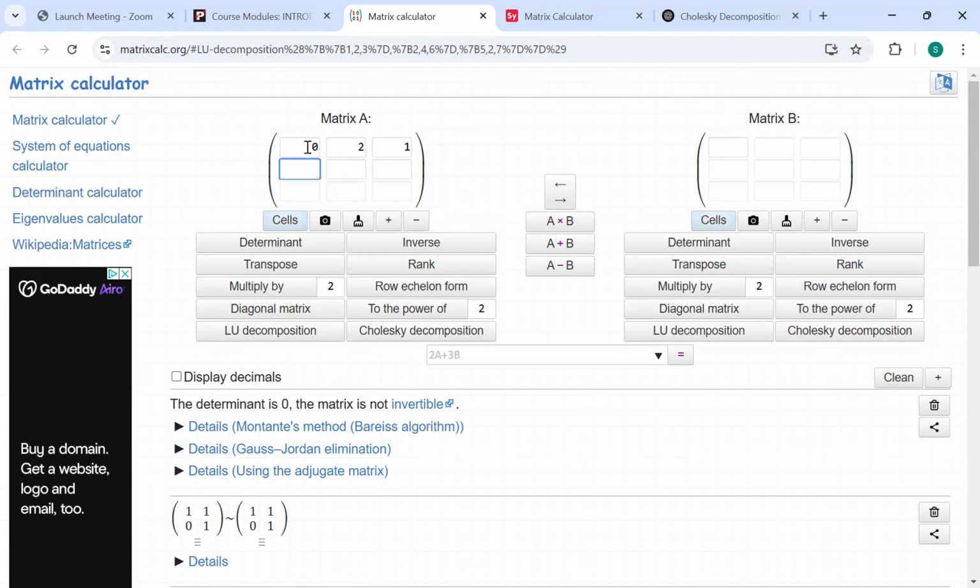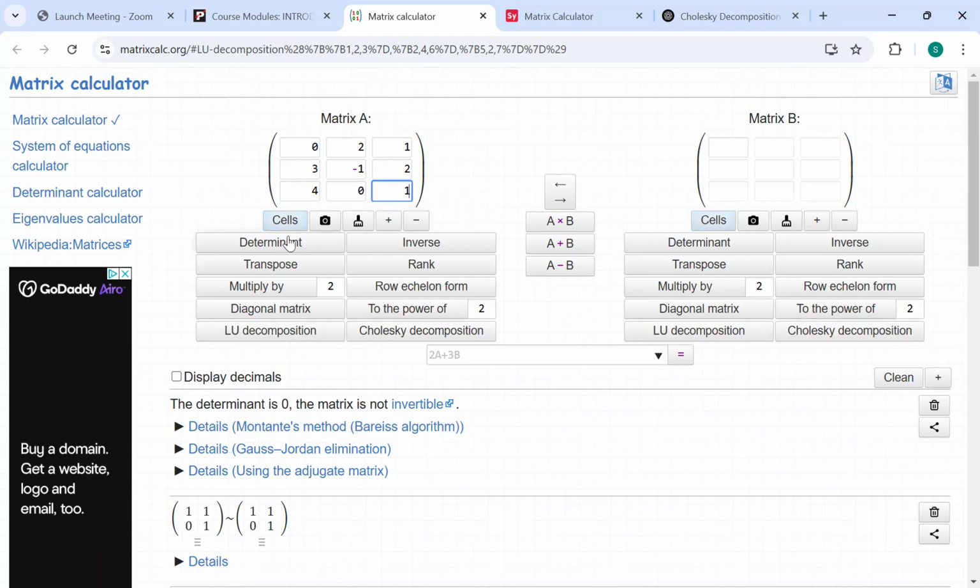The elements in the second row are 3, negative 1, 2. And in the third row is 4, oops, sorry. I hit caps lock instead of tab. 4, 0, 1.